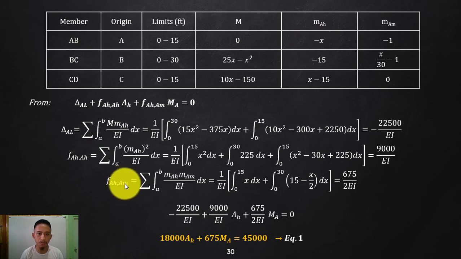So now, the horizontal displacement due to the moment: all I need to do is multiply your MAH and MAM. Multiply this, positive x, integral 0 to 15, multiply this one, this is your resulting equation, 0 to 30, multiply that one is actually 0, so there is no need to write that one. Integrating that one is positive 675 over 2 EI. Now, substituting that to our equation here, you will end up with equation 1.